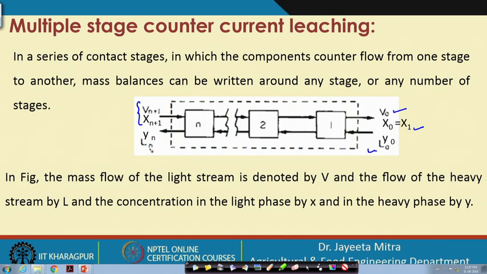Okay. So, in this figure the mass flow of the light stream is denoted by V and the flow of the heavy stream by L, that means heavy stream in the sense that is the slurry solution, and the concentration in the light phase by x and the concentration in the heavy phase by y, as we did for earlier cases as well.